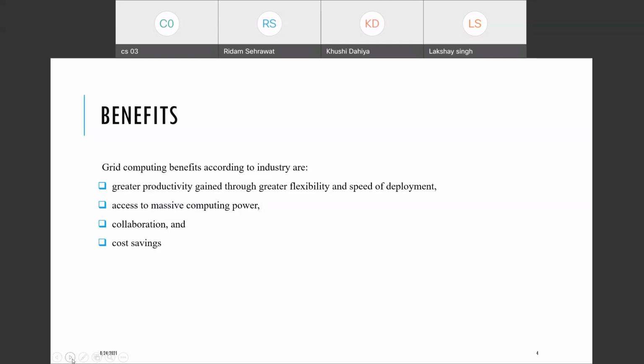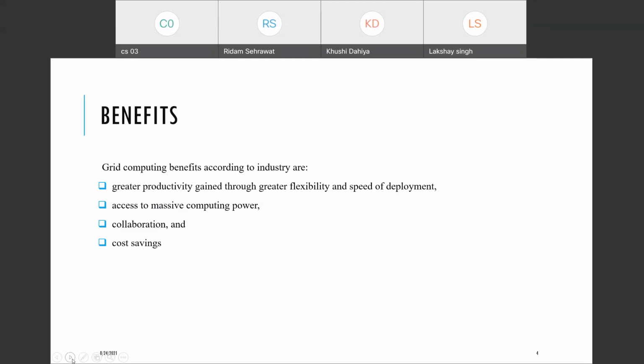So here also, in your grid, it is easier for us to include new nodes or new resources whenever it is needed. Fine. And we can also remove them whenever we think we don't require them. Like for example, if we are having a very high computation, you are working with 150 systems.